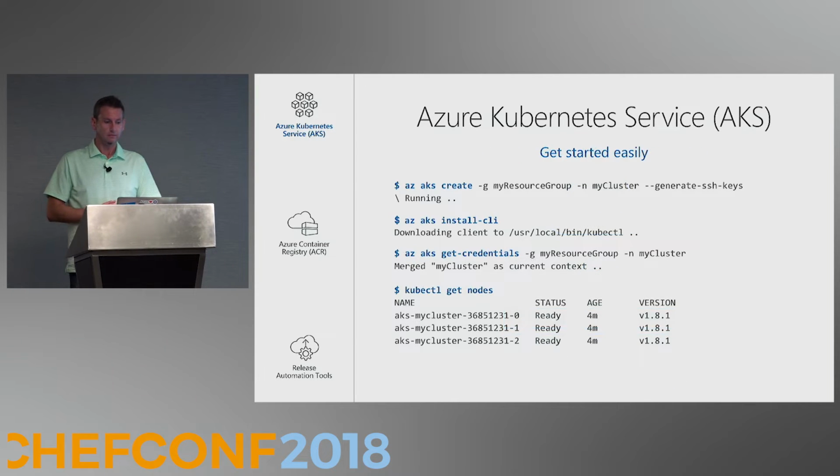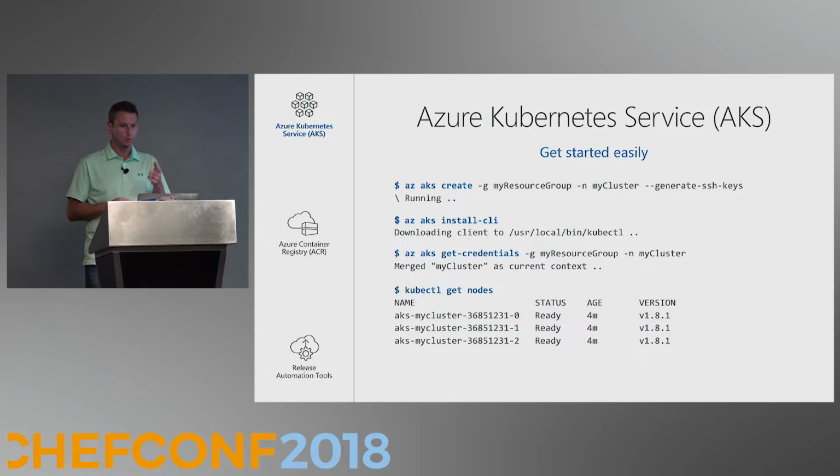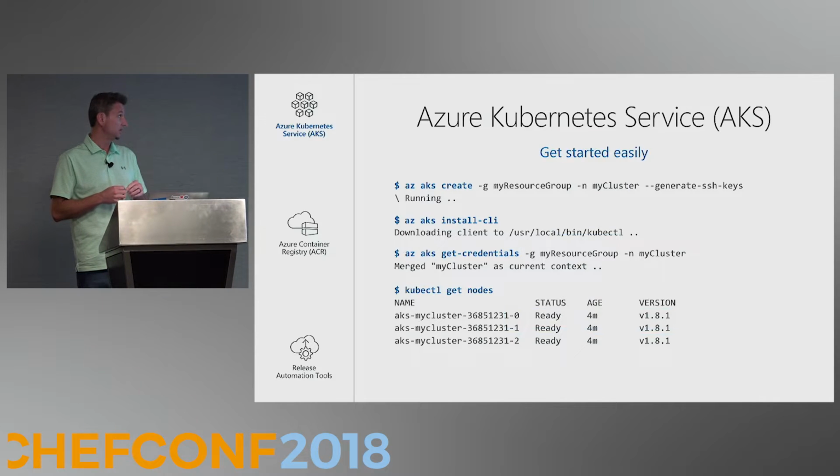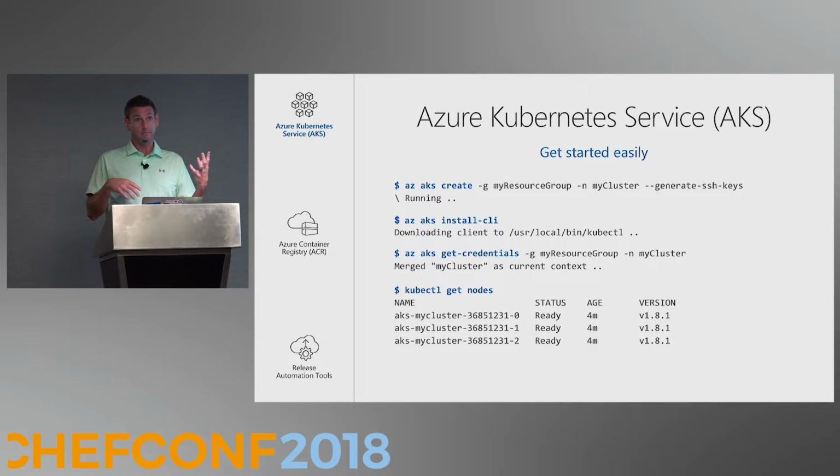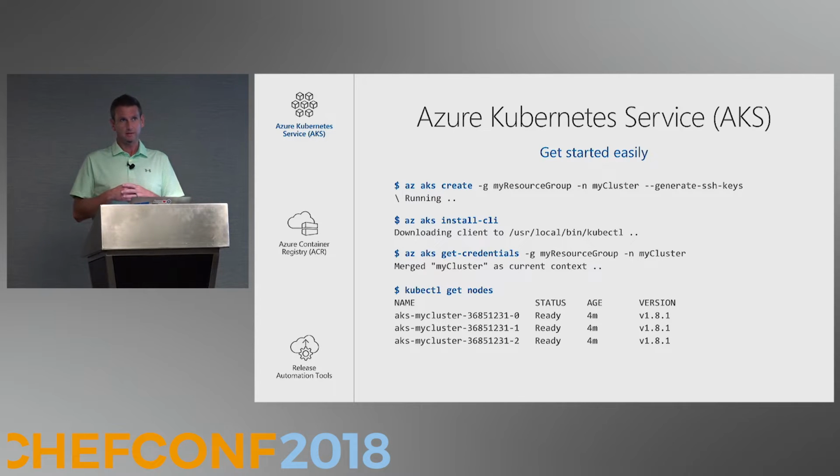Real quick notes on how you create it, and we'll walk through this specifically, but there's a couple different ways you can do it. Most everybody here is probably in that scripting kind of mindset, so I'd recommend that you use the Azure command line. It's az aks create, and then -g, your resource group.